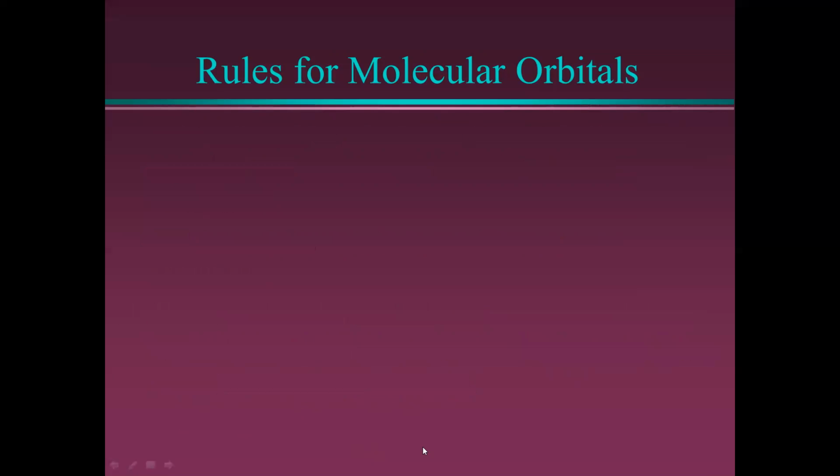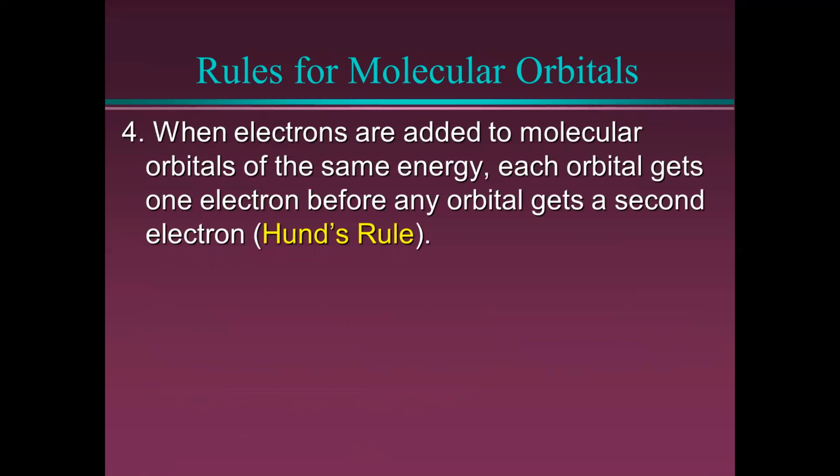But here, this principle also works. The next one is when electrons are added to molecular orbitals of the same energy, each orbital gets 1 electron before any orbital gets a second electron. This is exactly like the Aufbau principle for atomic orbitals, right?